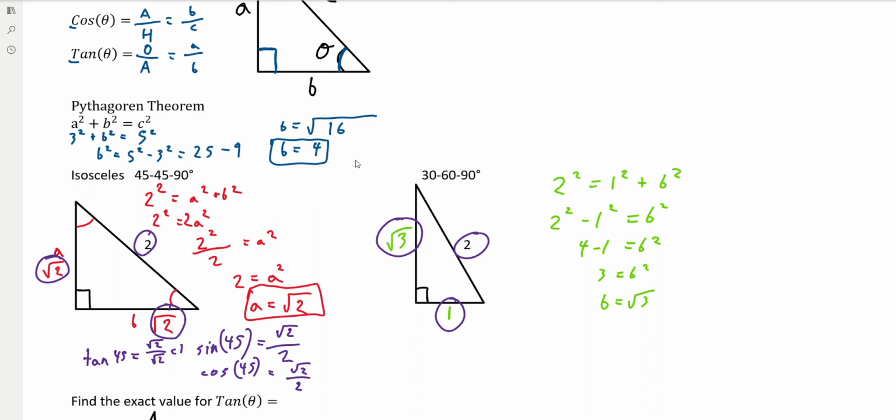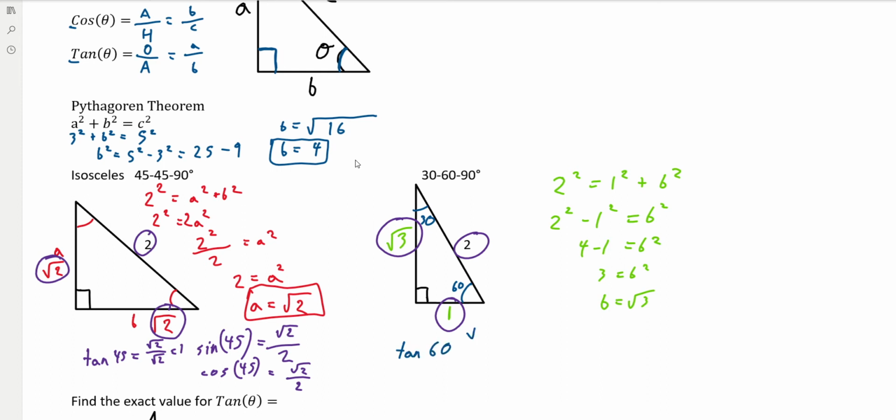The other side here, the 30, 60, 90 one, is going to show us a similar sort of thing. So you can look at the angles here and notice that this one is smaller than this one. So 30 and 60. So if we started at the 60 degree spot, so let's just go with tan of 60.